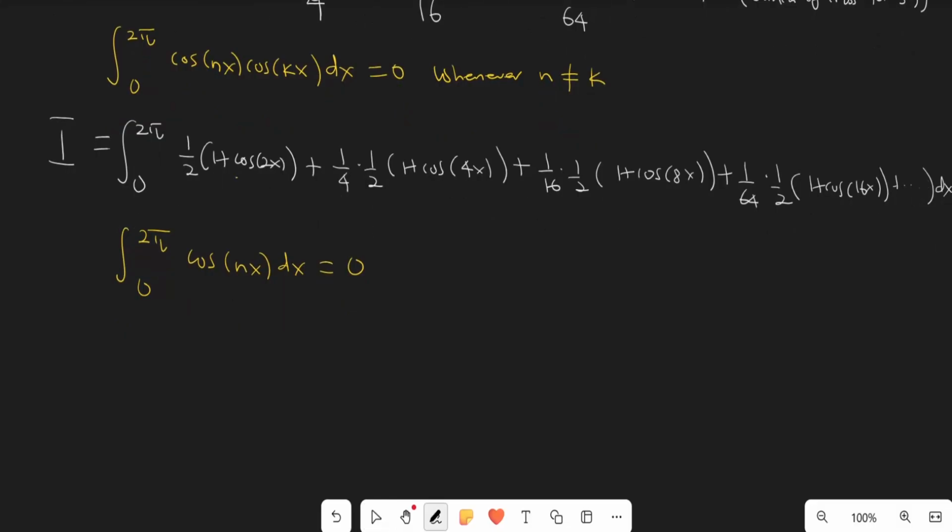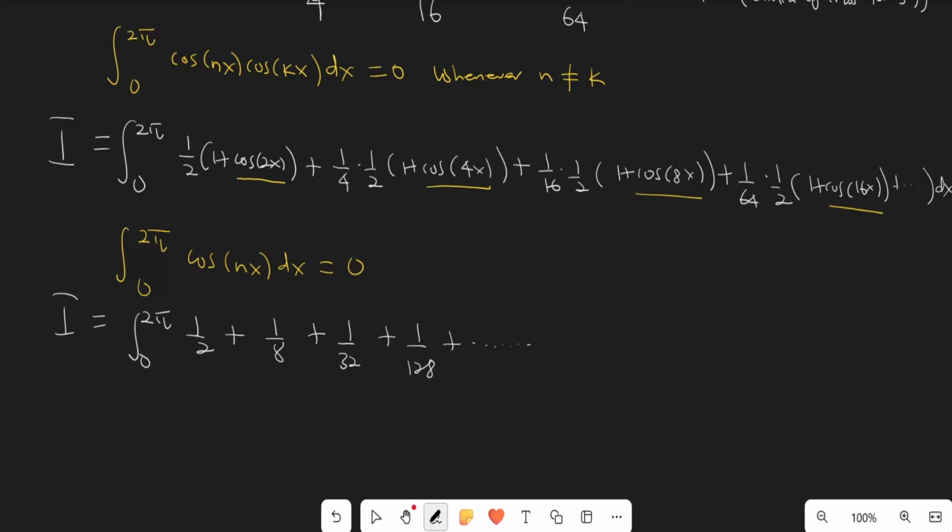So if you are integrating this, it is going to evaluate to 0, the same as this, same as that, and the terms beyond cosine of 16x. What we are left with is the integral from 0 to 2 pi of 1/2, plus 1/4 times 1 over 2, that is 1 over 8, plus 1 over 16 times 1 over 2 is 1 over 32, plus 1 over 64 times 1 over 2 is 1 over 128.